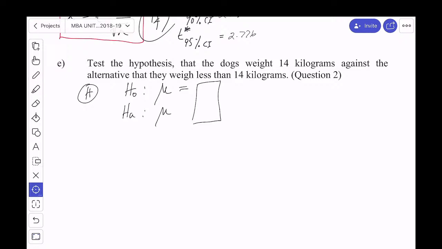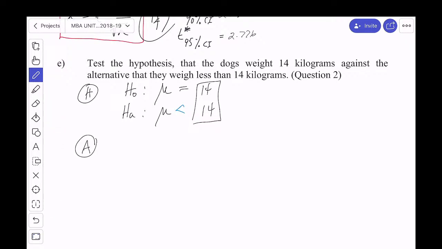It's nothing really hidden here. We want to test the hypothesis that dogs weigh 14 against the alternative that they weigh less. So this is 14 and then the same number here. And it tells me explicitly in the alternative I want to put less. All right, so that's the first step.